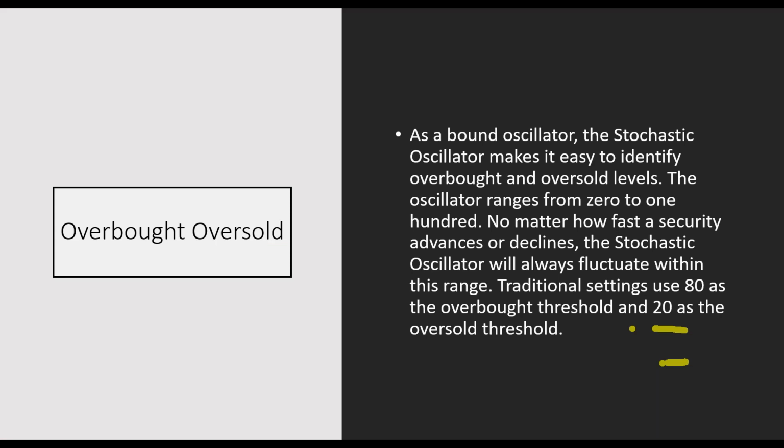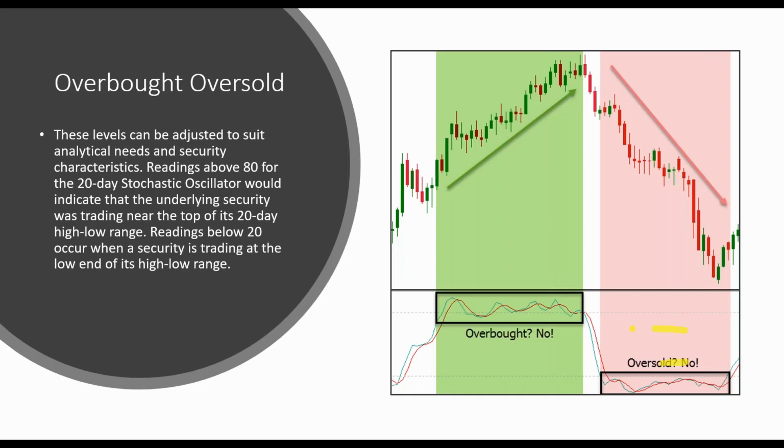As a bound oscillator, the stochastics oscillator makes it very easy to identify overbought and oversold levels. The oscillators range from 0 to 100. No matter how fast the security advances or declines, the stochastics oscillator will always fluctuate within this range. Traditional settings use 80 as an overbought threshold and 20 as an oversold threshold.